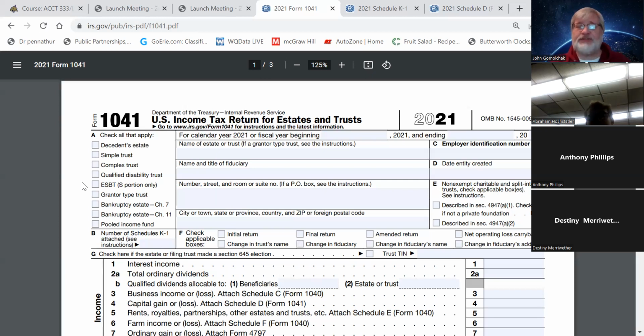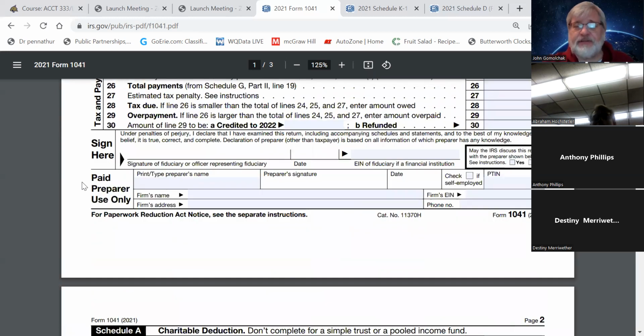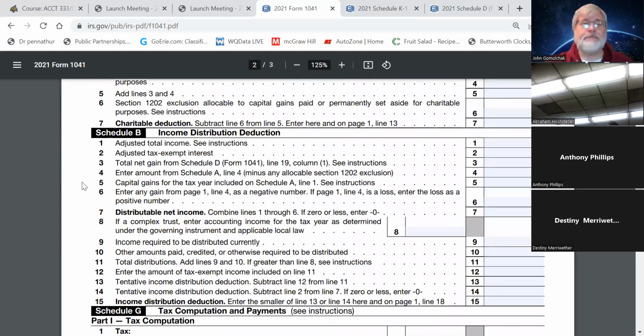One of those places is Schedule B. Now line 8: if a complex trust, enter accounting income for the tax year as determined under the governing instrument and applicable local law. So if we had a complex trust, we would have to report the accounting income of the trust on line 8.